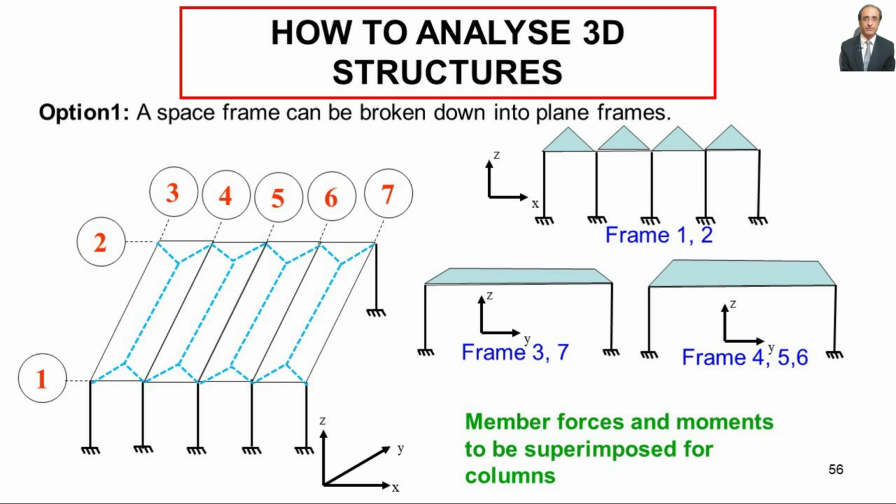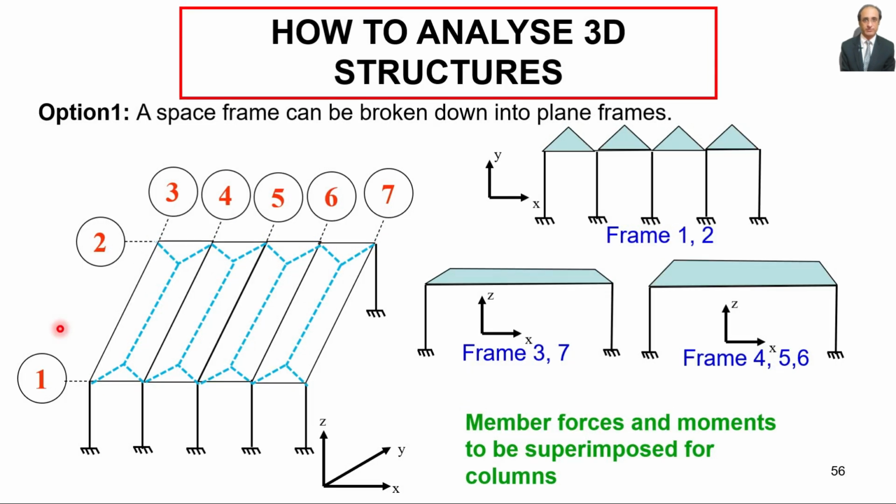Similarly, axial forces also need to be superimposed. And the same has to be done for the foundations. When foundations are to be designed, accordingly the loads from the columns would be transferred in the superimposed manner. Here we are assuming that the role of the slab is only for distribution of the vertical loads.